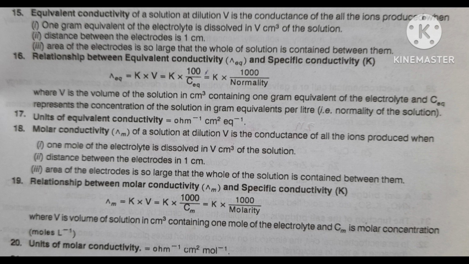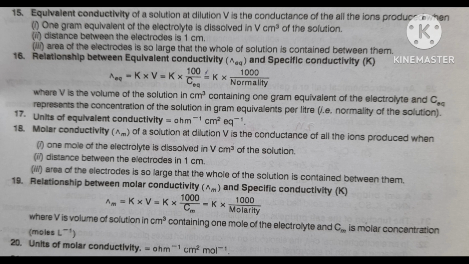If you know the formula, then from the formula we can find the unit. After putting in normality and its unit, all the things, you will find the unit of equivalent conductivity. Here the unit of equivalent conductivity will be ohm inverse centimeter square per equivalent.